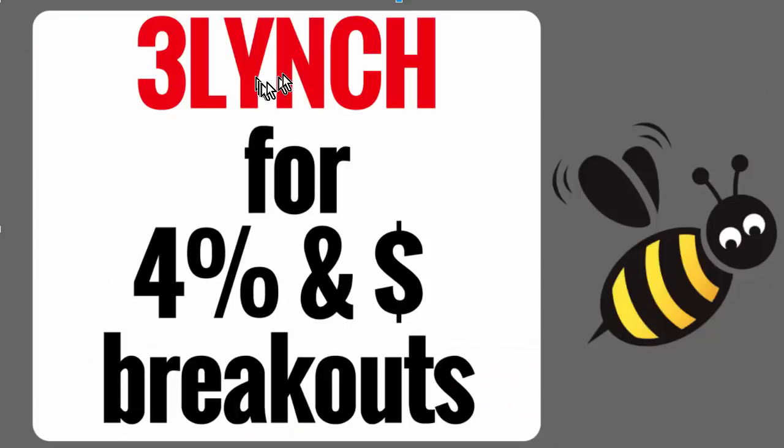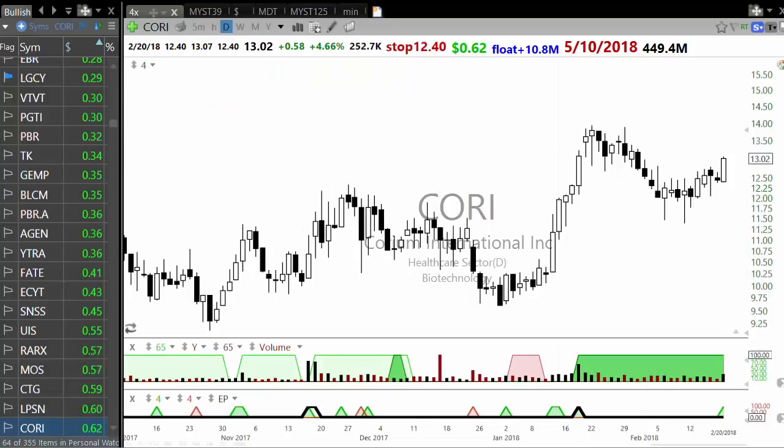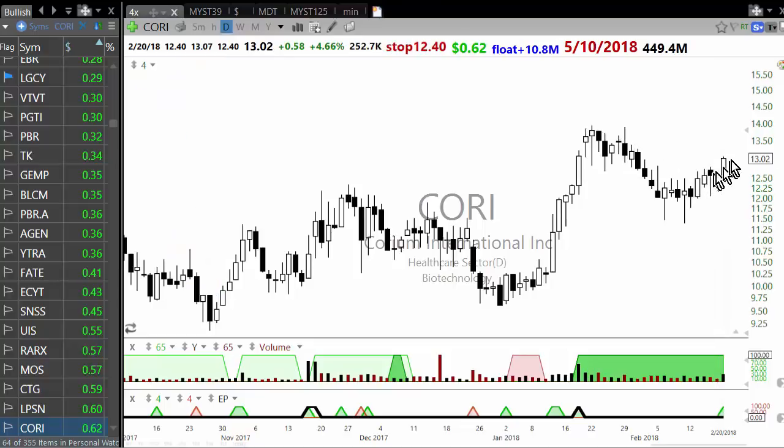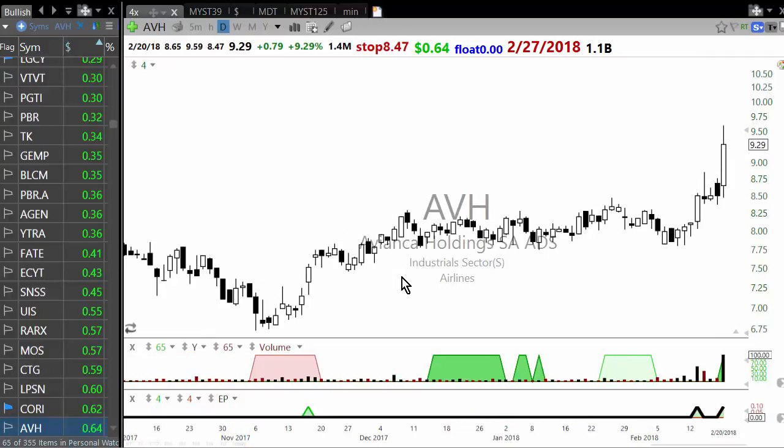The other thing is no 4% breakdown during this consolidation. Quality of consolidation was also good, the stock was within 10% of its high and closed near the high, so all conditions are met. And you have COREY, another stock which is a buy candidate from this scan.